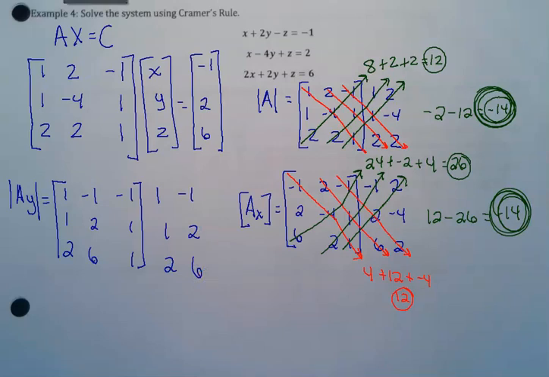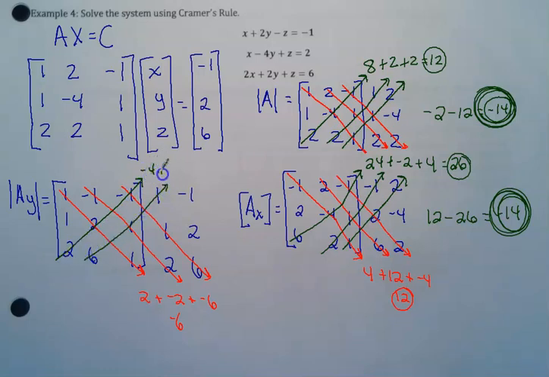Okay, major diagonals first. 1 times 2 times 1 is 2. -1 times 1 times 2 is plus -2. Plus -1 times 1 times 6 is -6. 2 plus -2 is 0. Plus -6 is -6. Minor diagonals. 2 times 2 times -1 is -4. 6 times 1 is plus 6.